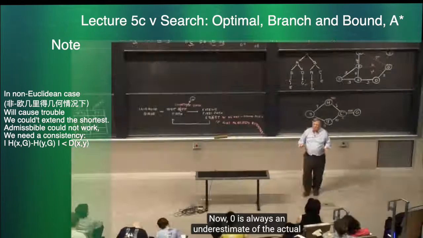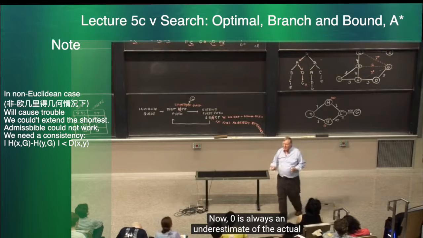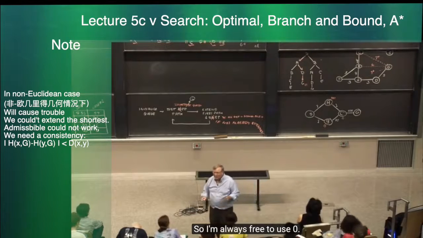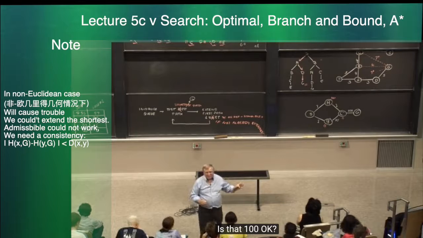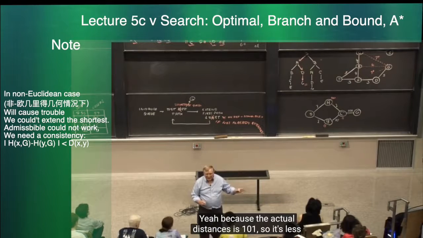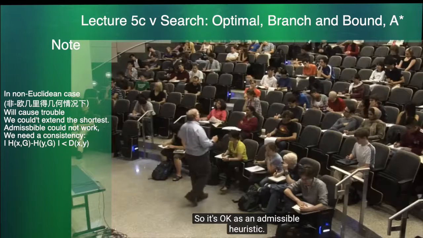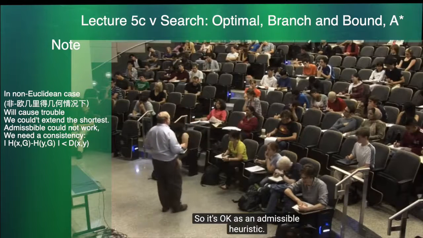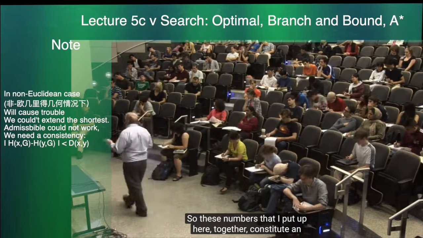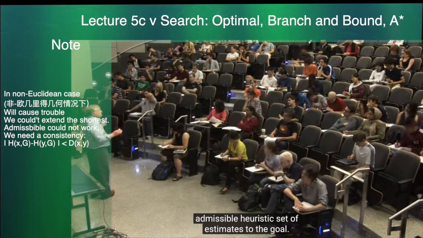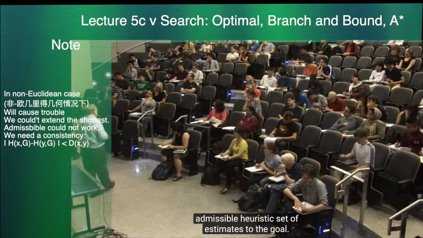Now 0 is always an underestimate of the actual distance to the goal, right? So I'm always free to use 0. Is that 100 okay? Yeah, because the actual distance is 101, so it's less than the actual distance, so it's okay as an admissible heuristic. So these numbers that I put up here together constitute an admissible heuristic set of estimates to the goal.